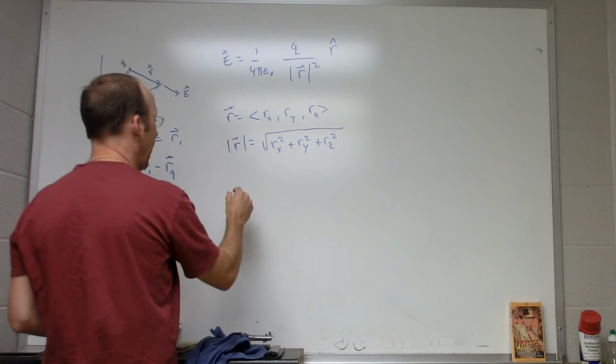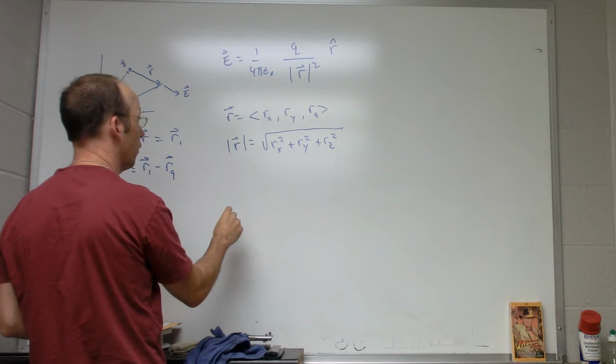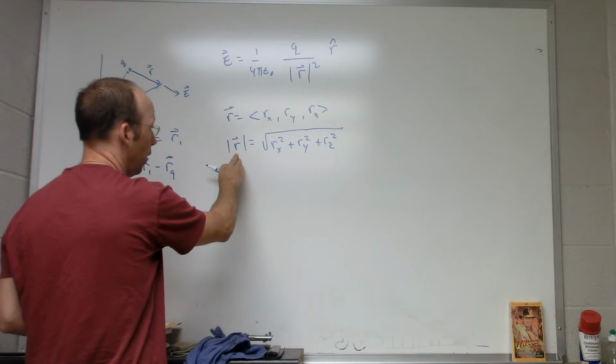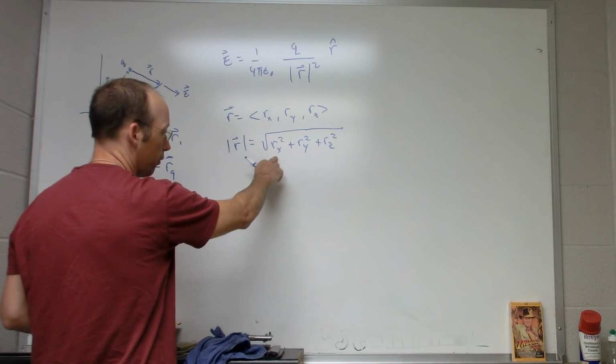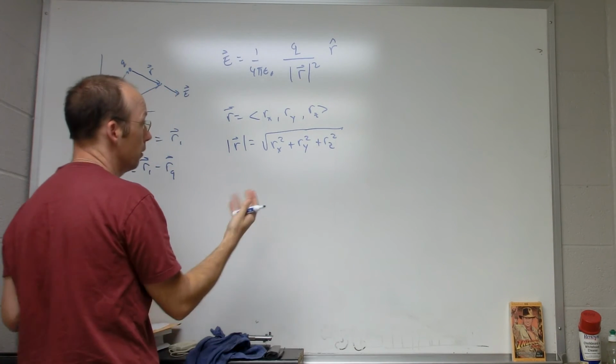Now what about R hat? In fact, up here, if I square this, that's just going to be Rx squared plus Ry squared plus Rz squared.